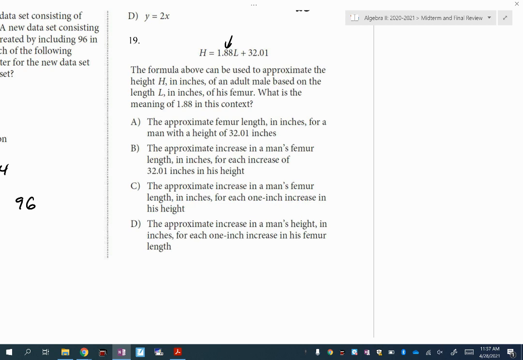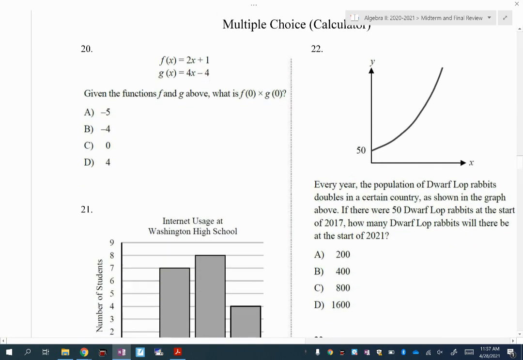So in this case, if I have an adult male that has a femur that's 1 inch longer, then I expect the height of that man to go up by 1.88 inches. Looking at my answer choices, it looks like it's D, the approximate increase in a man's height in inches for each 1 inch increase in his femur length. Okay? Still calculator.